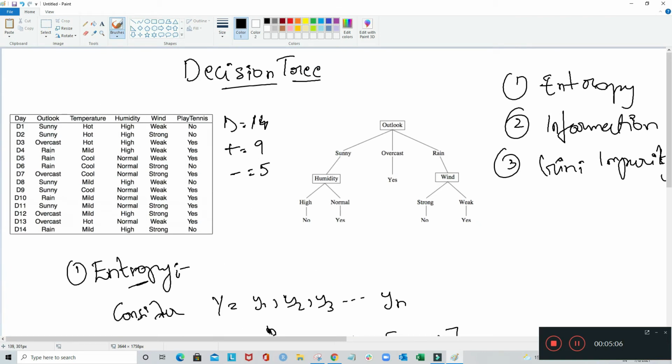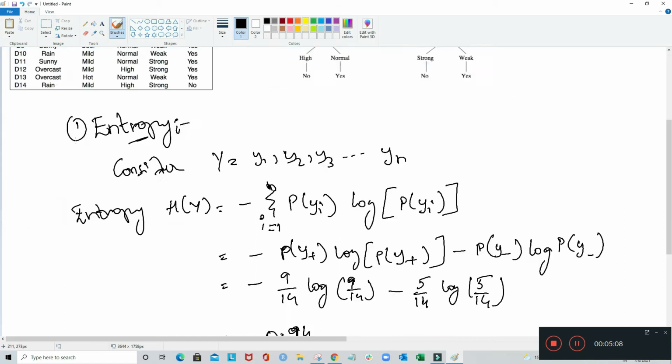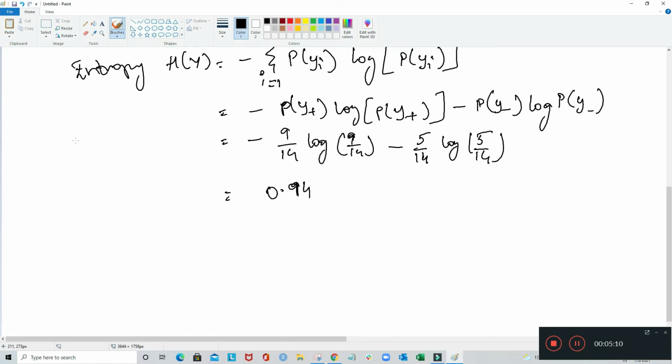So this is how entropy is calculated. There's also a graph for entropy, and it looks like this.